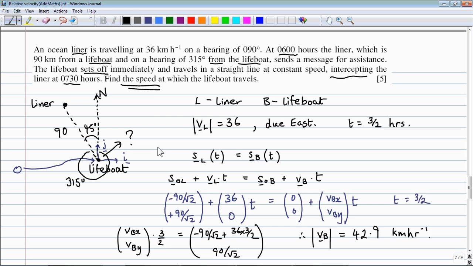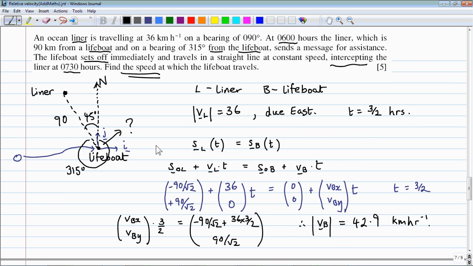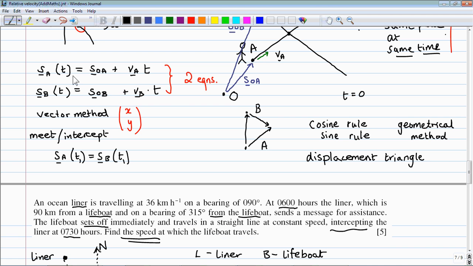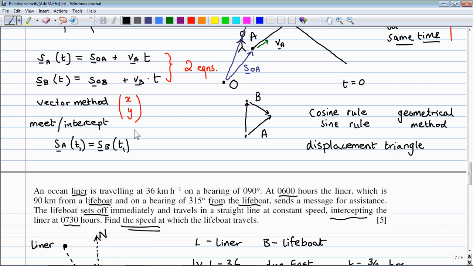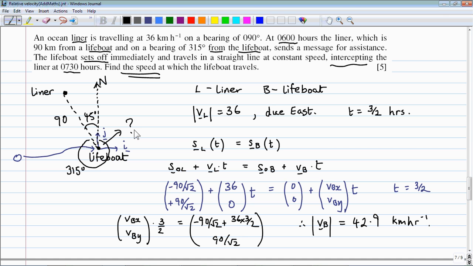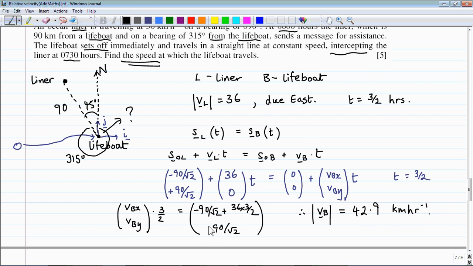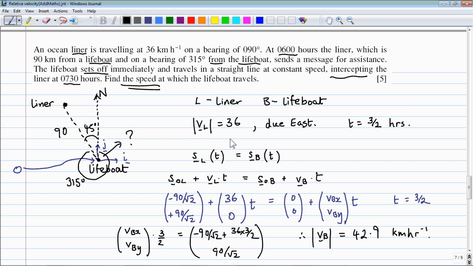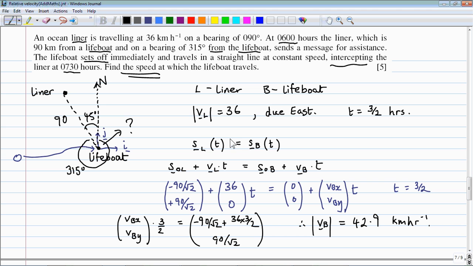Now here's something very important I want to emphasize. I use this method because I know that this vector method of making the two displacement vectors equal must always work. And in fact in this case, although the numbers down here are a bit horrible, the actual process is remarkably easy.